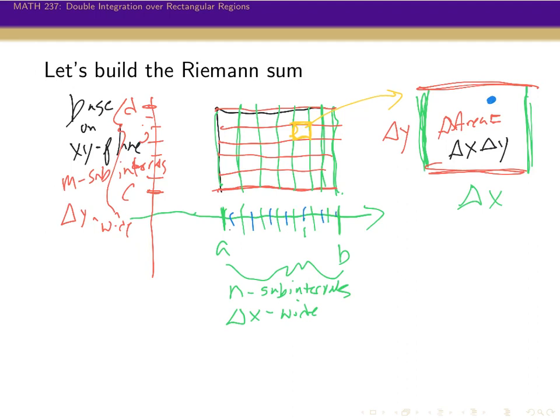Since we're in the ith interval, we'll call it x i. We'll do the same thing for the y's. We'll call this y j. And so this coordinate here will be x i, y j.